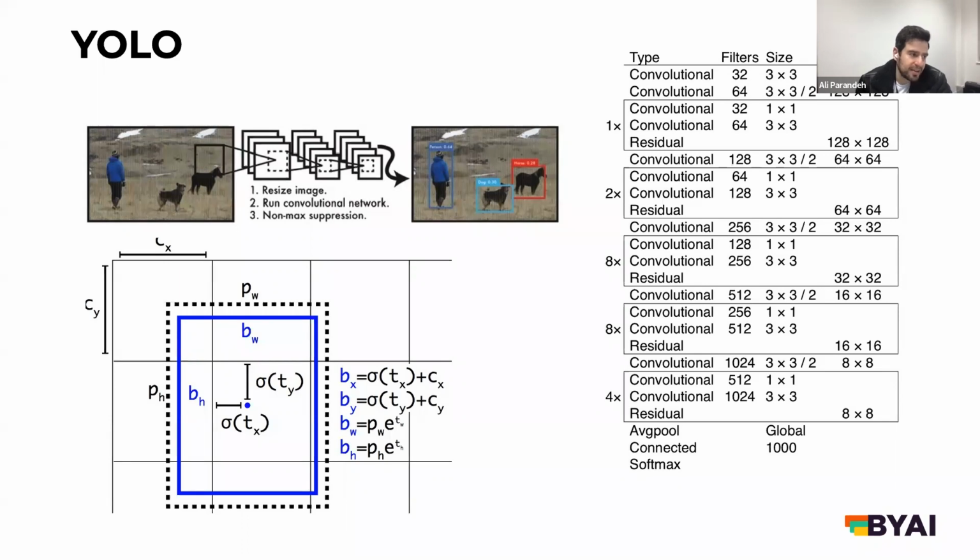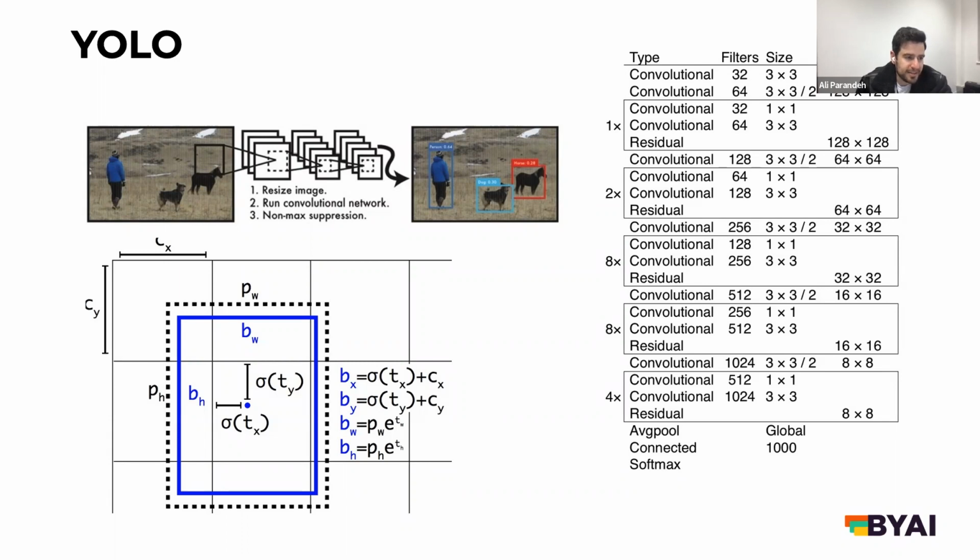The formulas for those calculations are here. If you want to find BX and BY, which is the center point of the bounding box, and BW and BH, which is the width and height of the bounding box, you have to take these calculations into account.